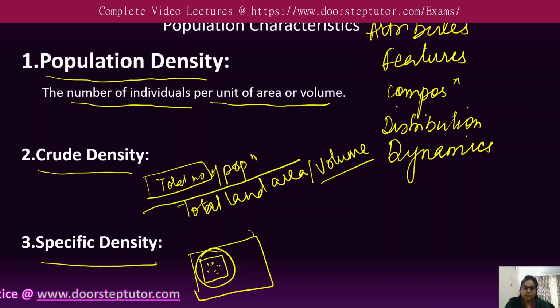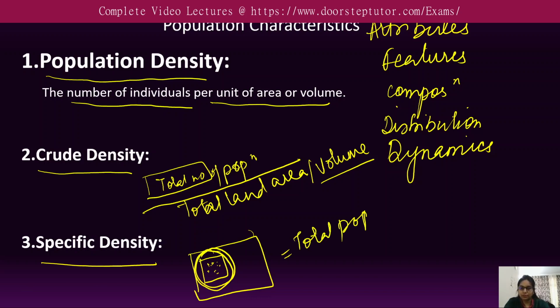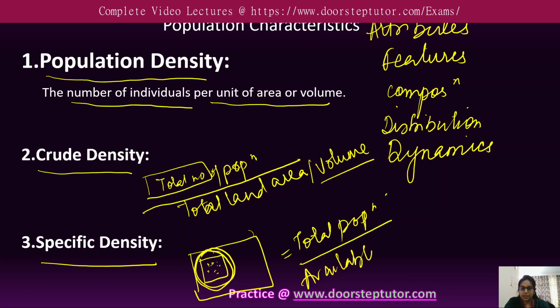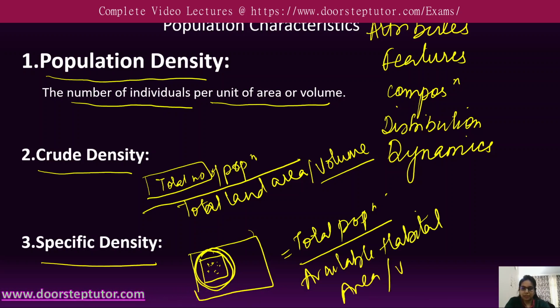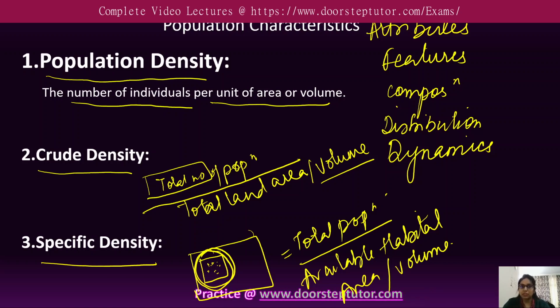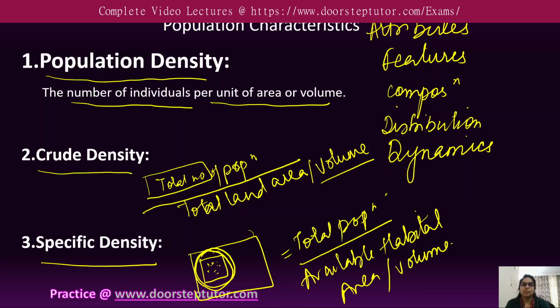So specific density equals total population upon available habitat area, or available habitat volume, whatever the case. It takes into consideration only the available habitat in which the group of individuals is surviving, not the whole land area. So this is the difference between the crude density and the specific density.